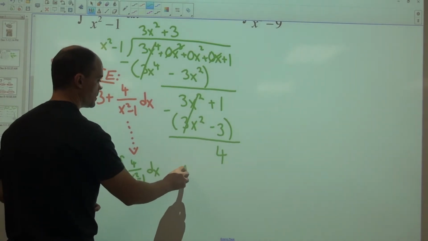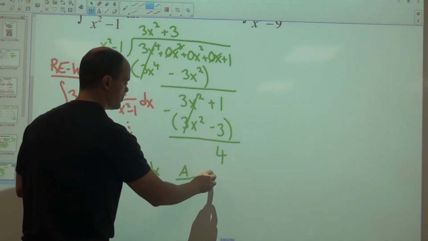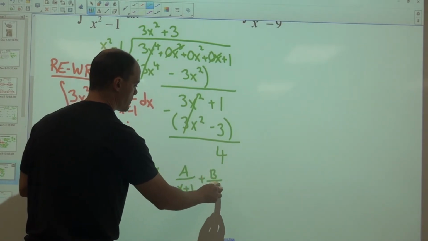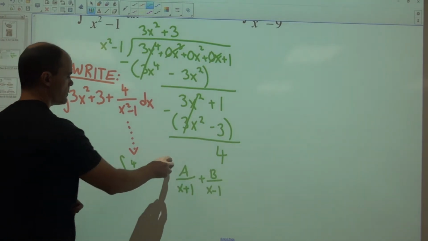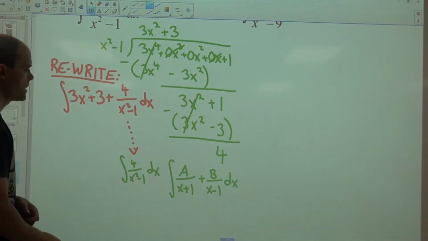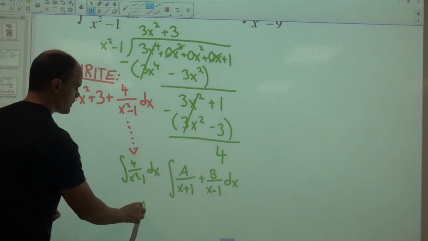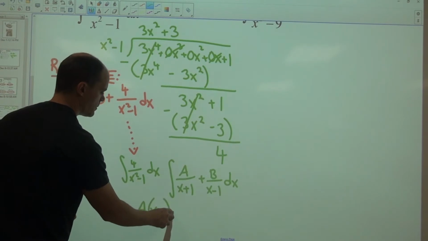So we're going to do a over x plus 1, b over x minus 1. That's how this factors. Rewriting this dx. There's my setup step. Here's my algebra step. By the way, it doesn't matter which place you put these in, it's going to work out regardless.